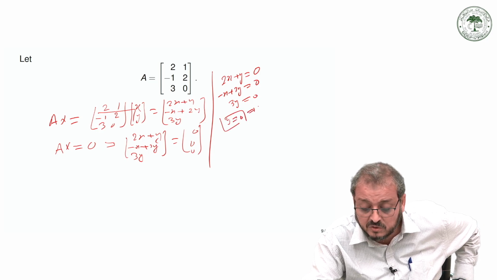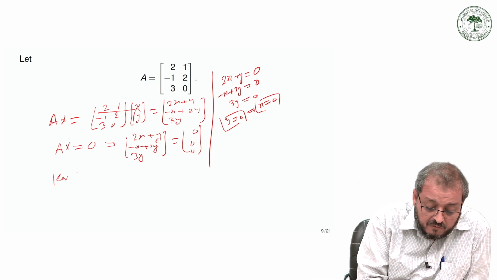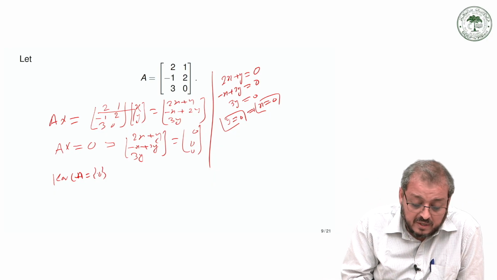If y is equal to 0, this implies that x is equal to 0. Then we can say that the kernel of A is nothing but only the zero matrix.